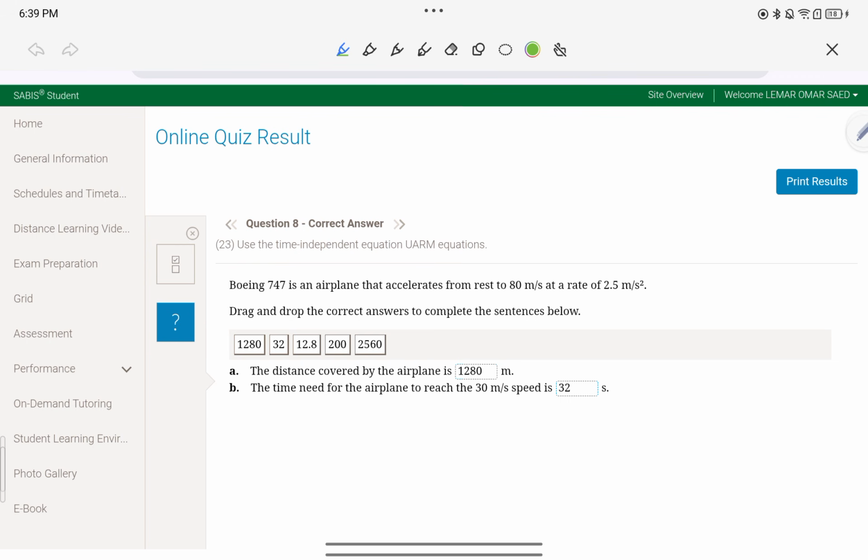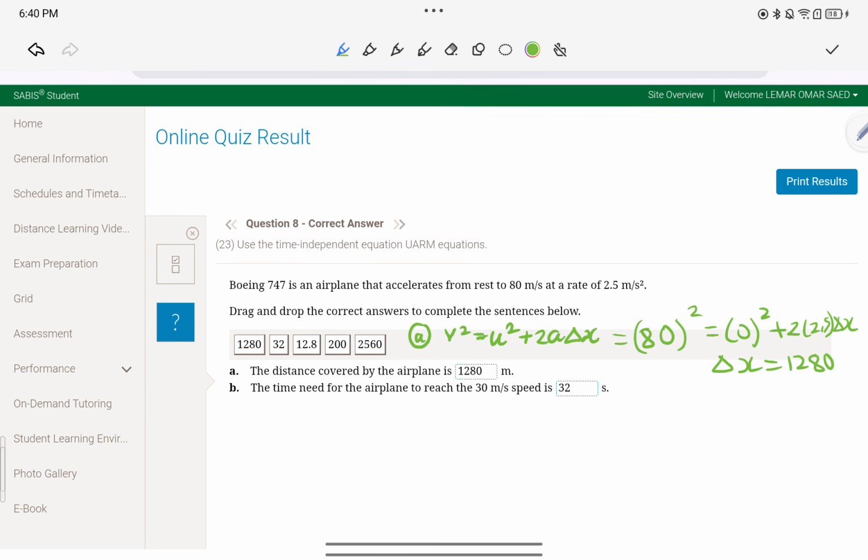So, v squared equals u squared plus 2a times x final minus x initial. 80 squared equals 0 squared plus 2 times 2.5 times delta x, and yeah, now we found delta x, which is 1280.